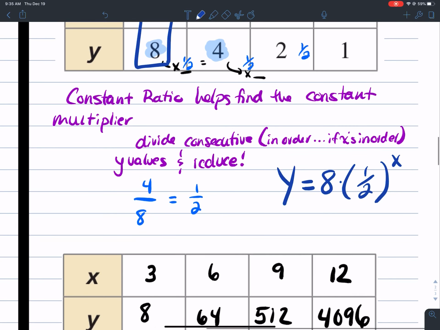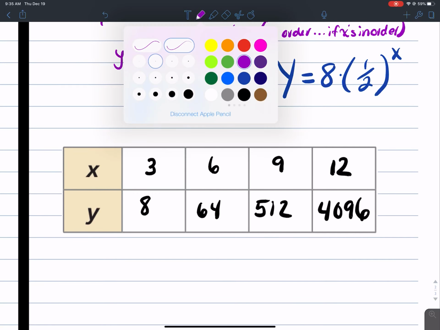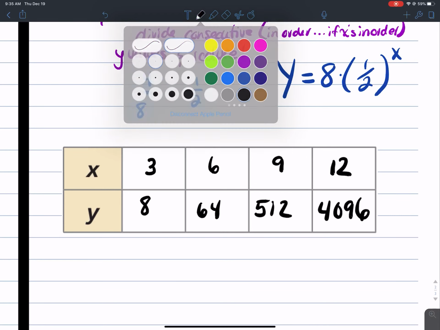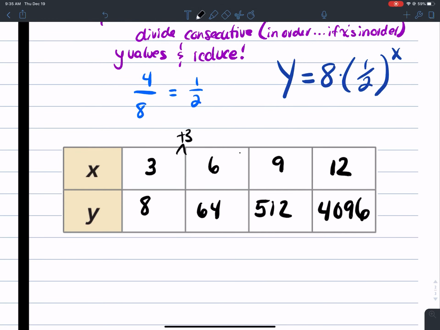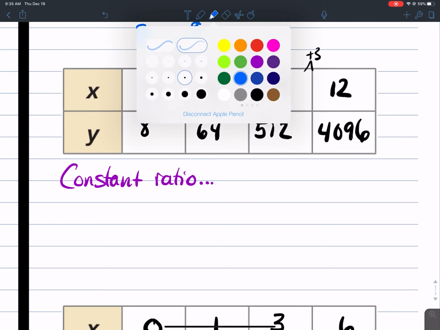Now let's look at that constant ratio and how it can be a little bit different here. So what I notice here is the change in x is no longer 1. The change in x is now 3. So let's see how that works and what that tells us for our constant multiplier. If we started with our constant ratio, I would take 2 consecutive y values.